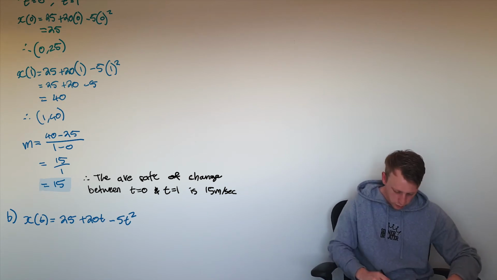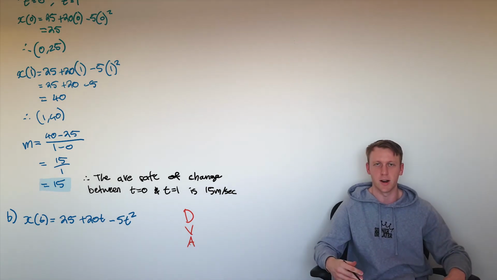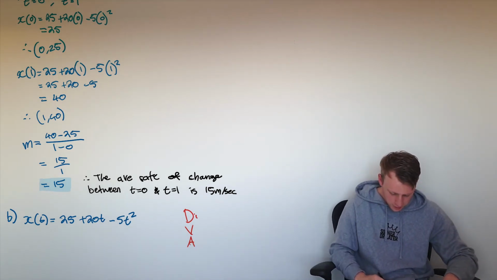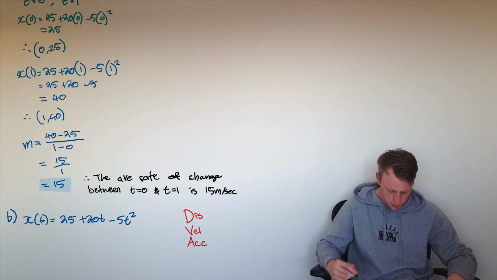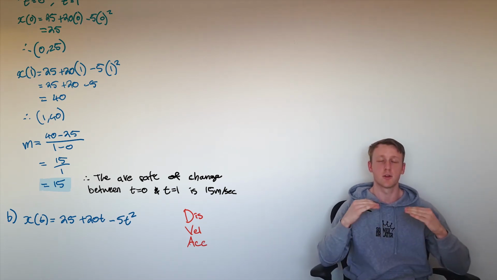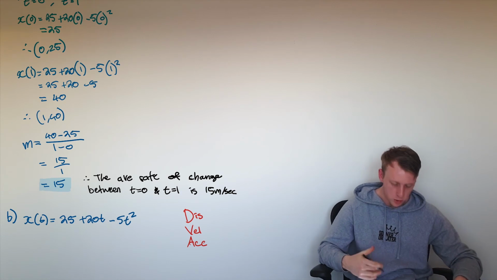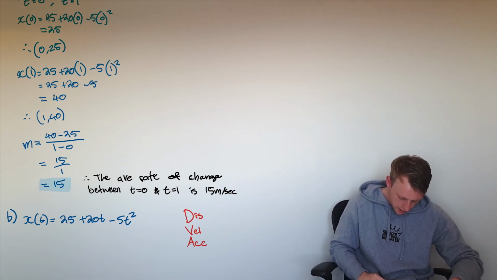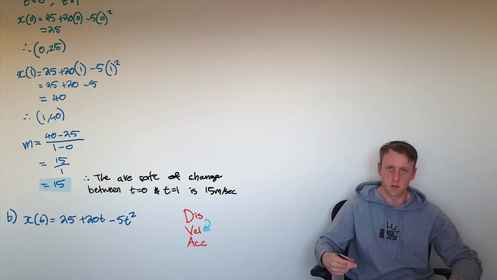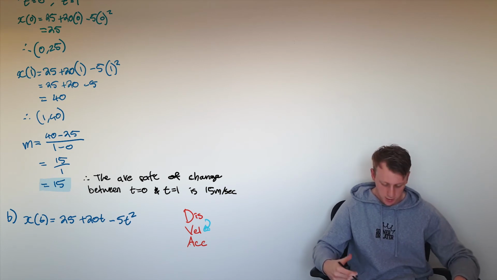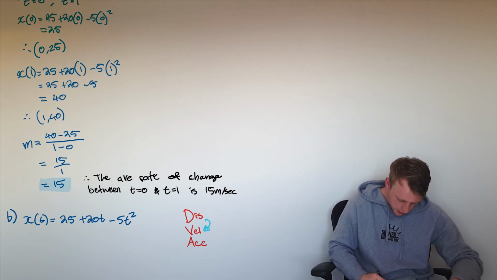And I'm just going to bring this acronym up again. DVA or DIVA, however you want to remember it. You've got displacement, you've got velocity, you've got acceleration. When you've got displacement and you want to find out velocity, you take the derivative and you get to velocity. If you want to work out the acceleration and you've got velocity, you need to differentiate again.